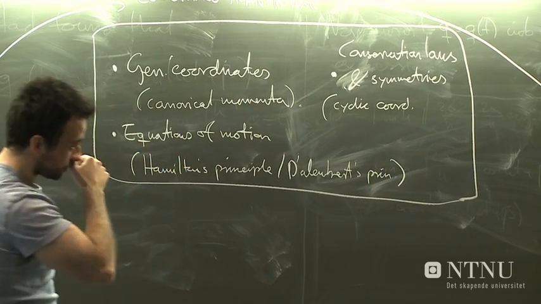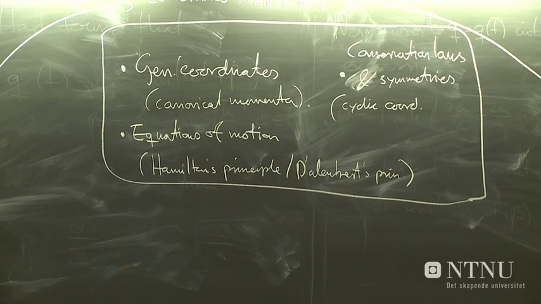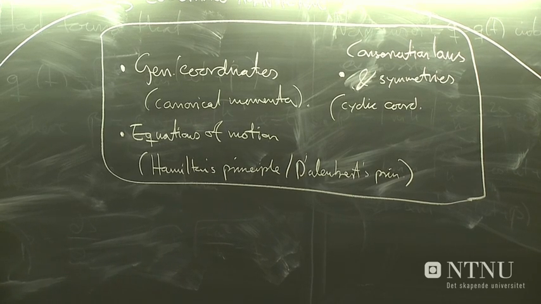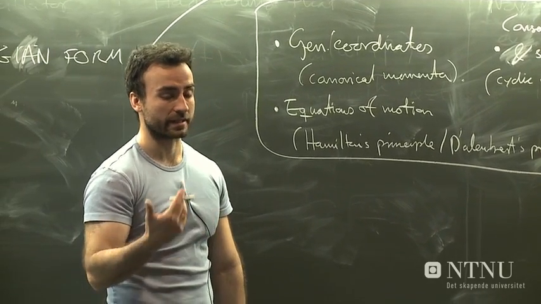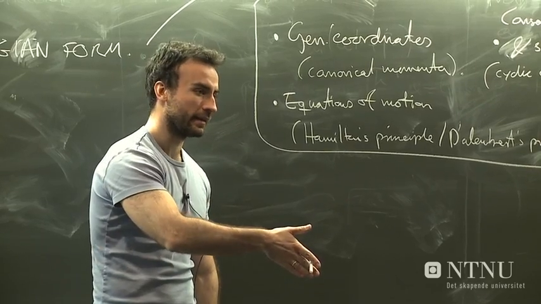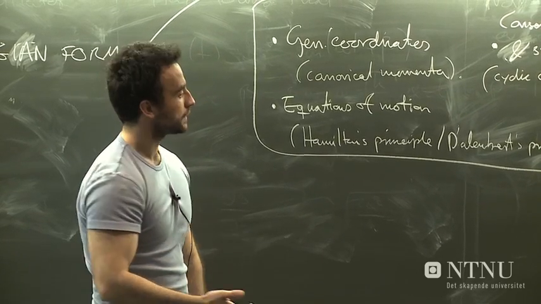We've talked quite a lot about cyclic coordinates, which is related to the symmetry of the Lagrangian, for instance. So if we have a cyclic coordinate, then the corresponding canonical momentum is conserved.